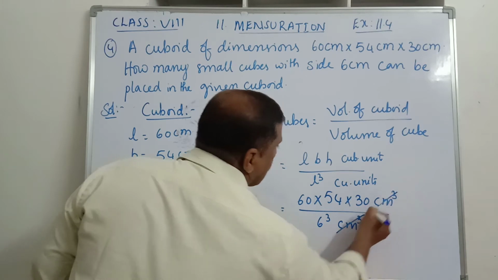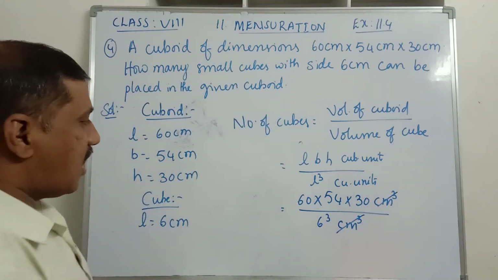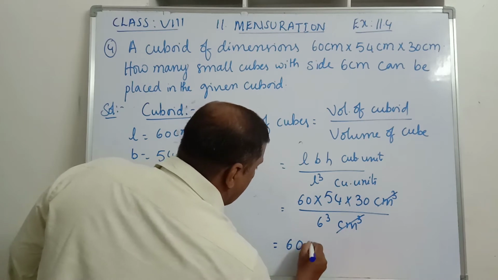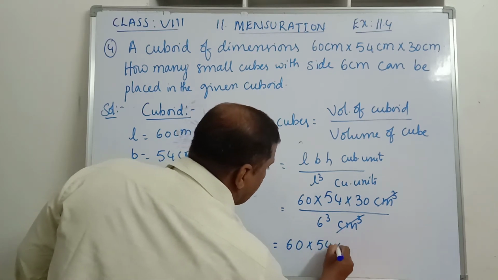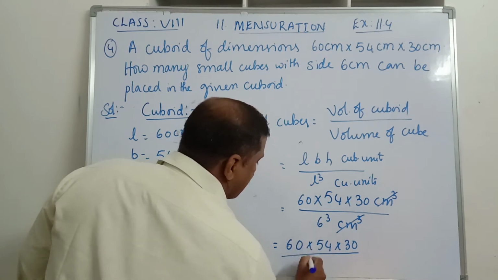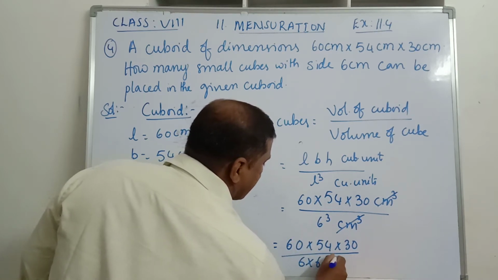The centimeters cube are cancelled. Now write them separately. It is 60 into 54 into 30 divided by 6 cube, which means 6 into 6 into 6.